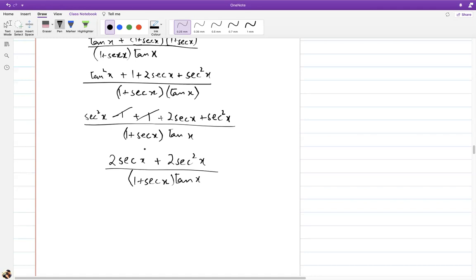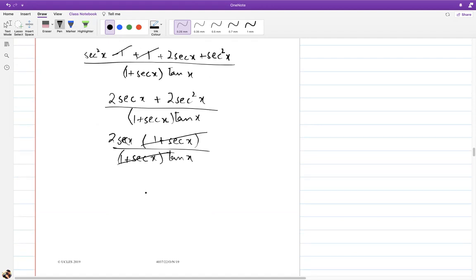Now here's the thing, I can take 2 as common, I can take secant as common, right? So 2 secant x common, I'm left with 1 plus secant x over 1 plus secant x tan x. So this 1 plus secant x cancelled out, and I have 2 secant x over tan x.